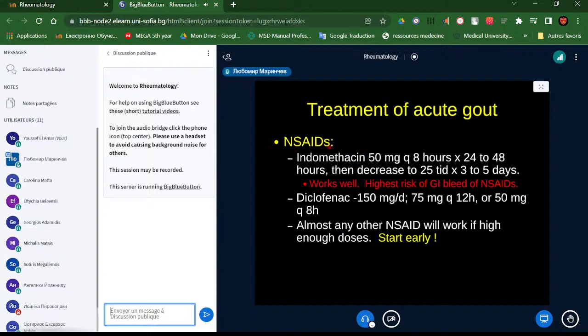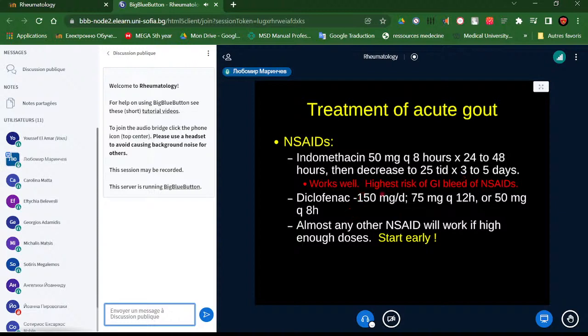Another type of drug is the non-steroidal anti-inflammatory drugs, especially indomethacin, which is given 50 milligrams every 2 hours for 24 to 48 hours, and then decreased to 25 milligrams 3 times a day for 3 to 5 days.